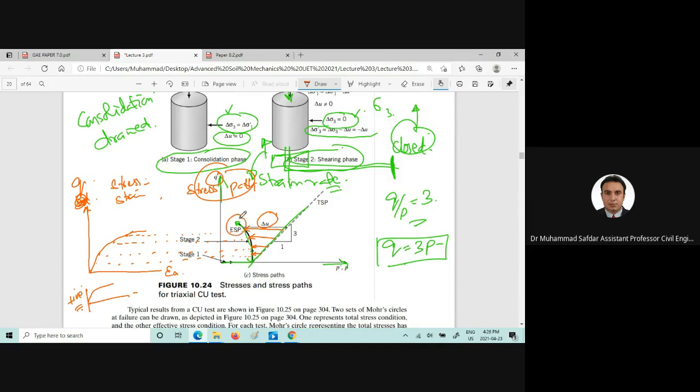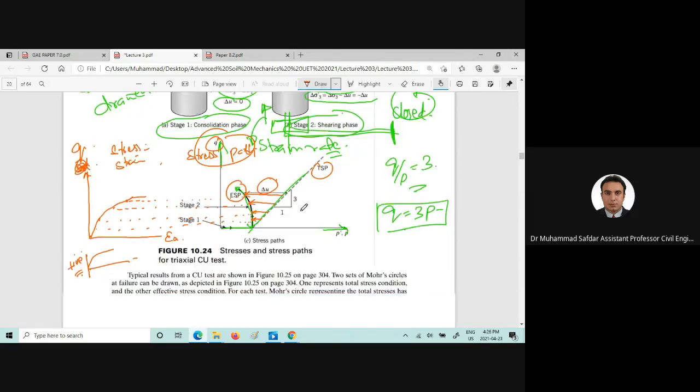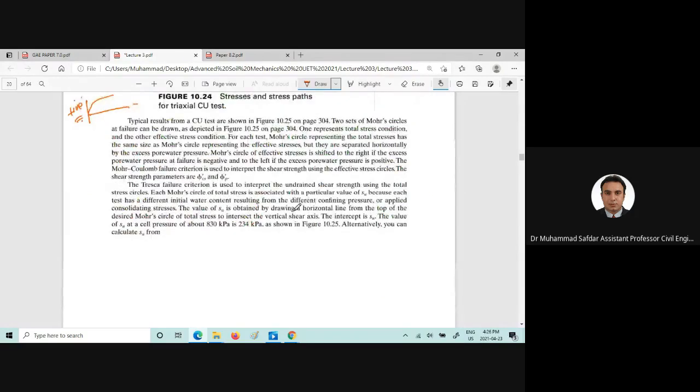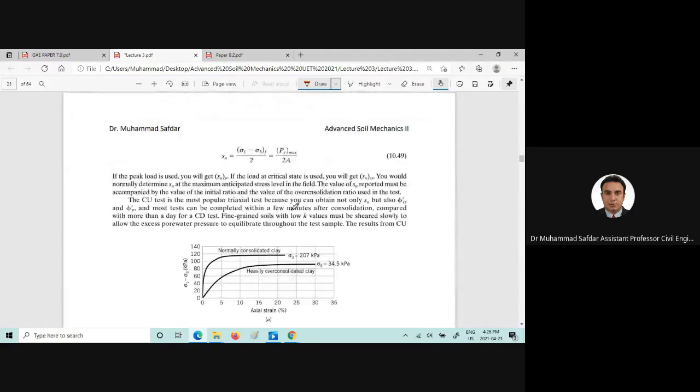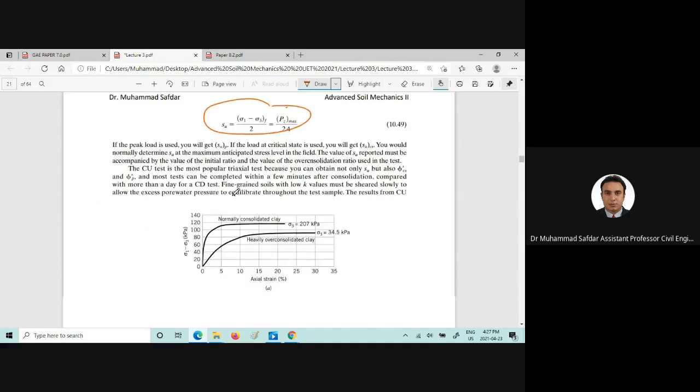So the effective stress path and the total stress path can also be drawn using the CU tests. If you want to find out the undrained shear strength of the soil, you can simply subtract sigma 3 from sigma 1 at failure and divide by 2, and you will obtain the undrained shear strength of that soil.